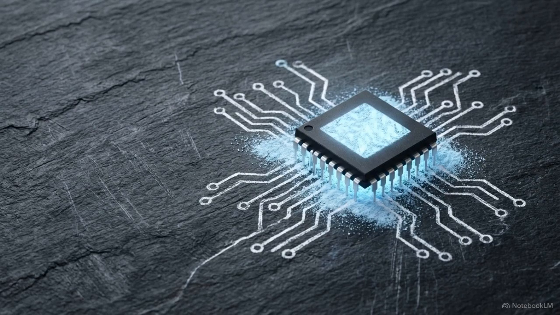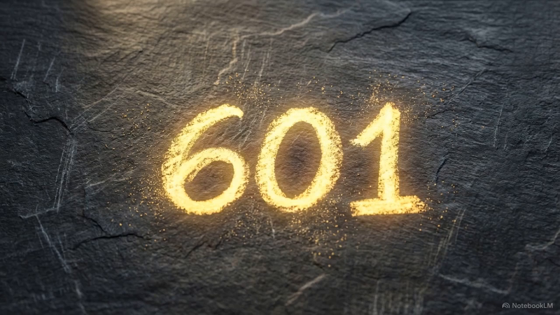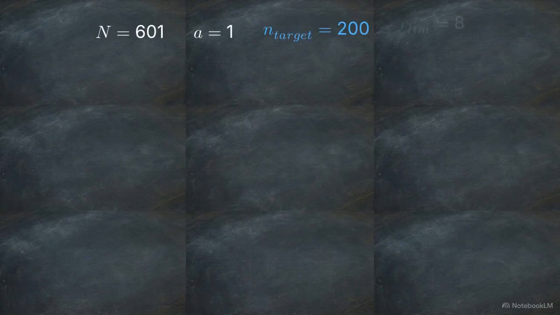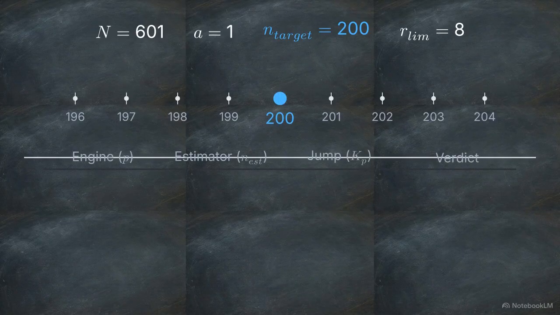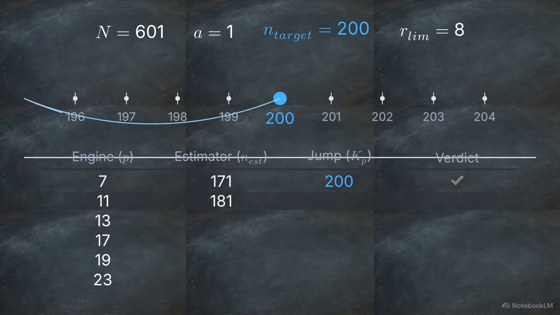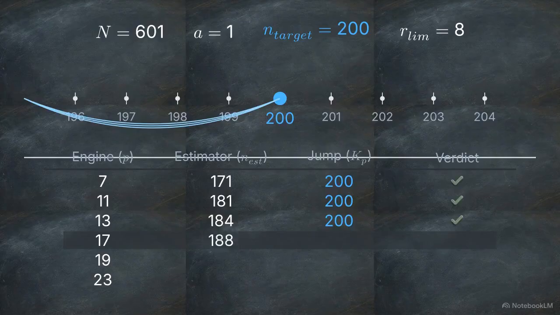the original magnitude. Now we map the algorithm's behavior when challenged by a prime magnitude, n equals 601. This trace table shows the new projection variables. The polarity is 1. The spatial index is 200, and the limit index is 8. The ballistic sieving begins again, deploying prime engines 7 through 23 to sweep the space up to the horizon limit. The algebraic target estimator brackets the target area 6 consecutive times.